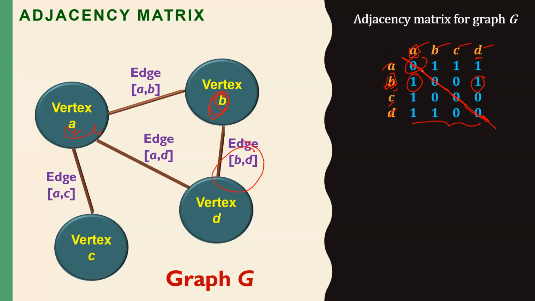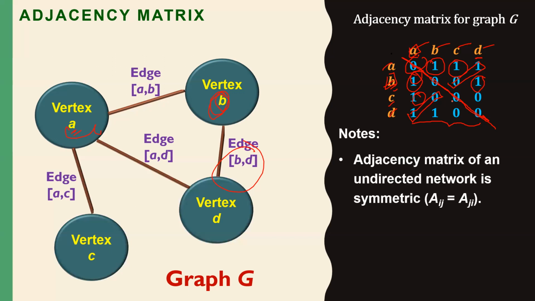So I have a 1 here, so I'll have a 1 here. I have a 1 here, so I'll have a 1 here. I'll have a 1, 0 over here. If I flip that, I'll get a 0, 1 over there, and so on. So essentially, it's a symmetric matrix, okay? So the adjacency matrix of any simple graph is symmetric, okay?